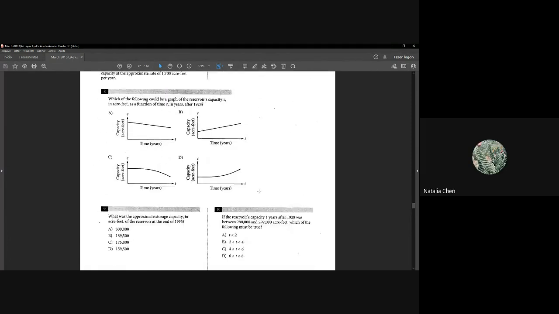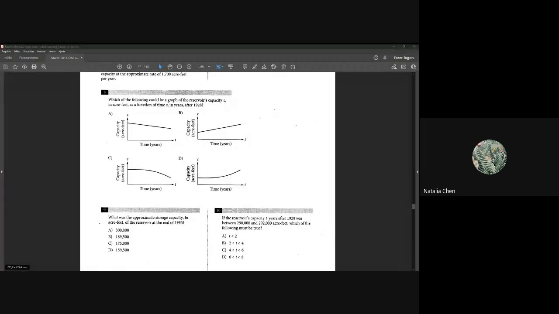If the reservoir's capacity 2 years after 1928 was between isso, which of the following must be true?